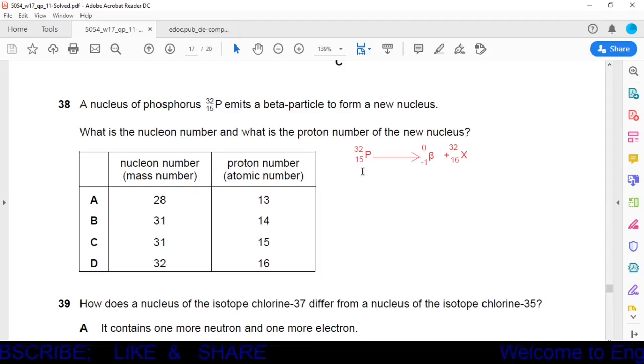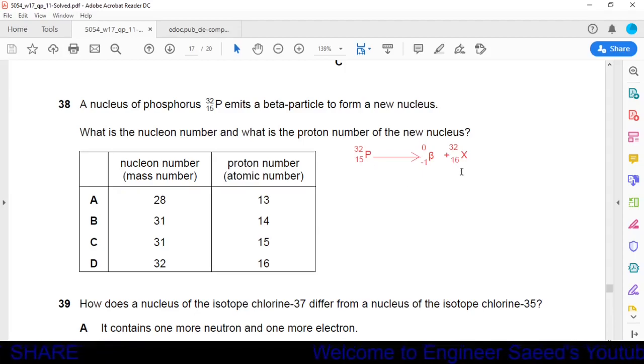Now for the charge number or atomic number. For the phosphorus it is 15. For the beta particle it is -1. So the new particle should have a charge number of +16, so that if we add this charge number after the reaction, it should be equal to the charge number before the reaction. Now here it is -1 plus 16, so the total will be 15 after the reaction, and 15 before the reaction.